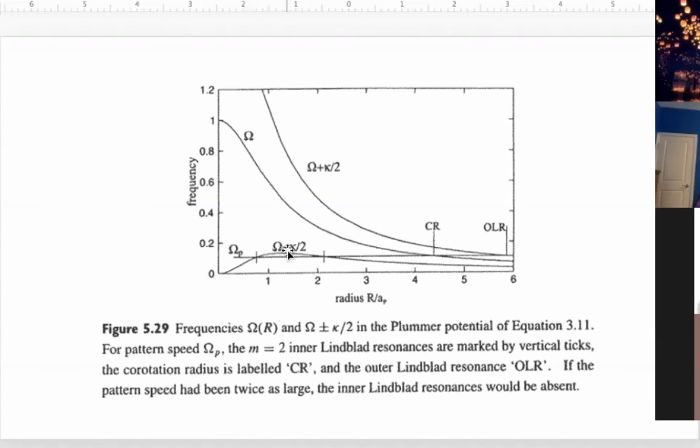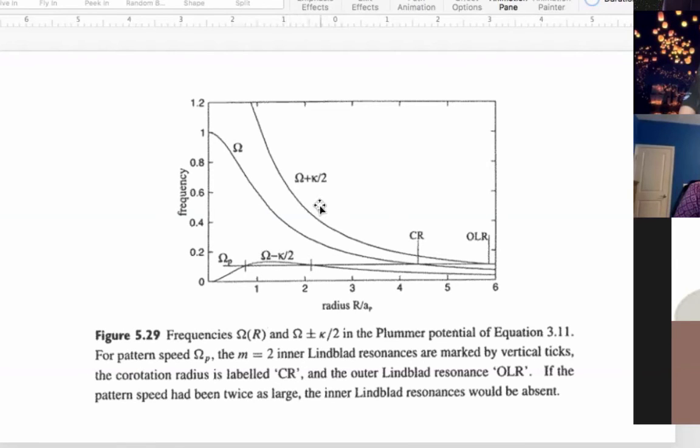And it was noticed a long time ago, you actually have a fairly wide range of radius if you plot Ω minus κ over 2. Don't worry about Ω plus κ over 2. If you go at that pattern speed, there'll be a fairly wide range of the galaxy where a two-arm pattern would sustain itself. The stars would appear at this pattern to have complete, closed orbits.